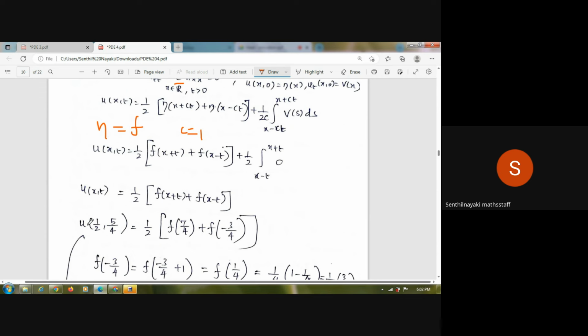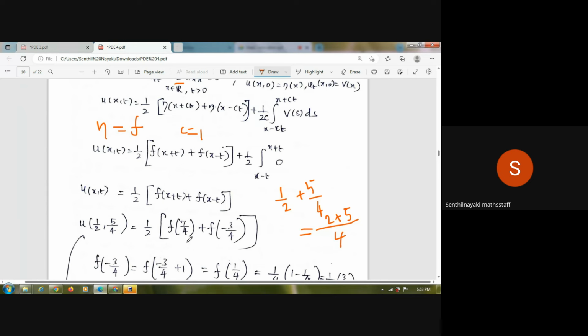Okay, now the original question is u of 1 by 2 comma pi by 4. So x plus t means 1 by 2 plus pi by 4. After simplifying this, we have 2 plus 5, therefore we have 7 by 4.